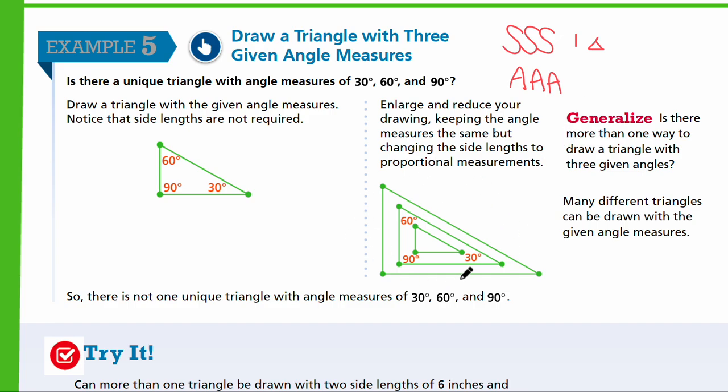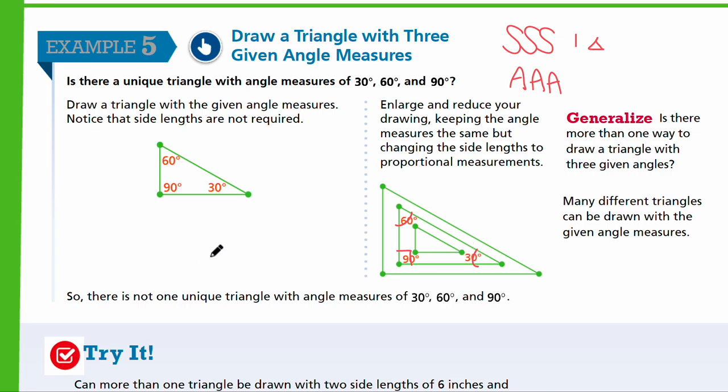As you can see here, the angles can be the same, but the side lengths don't have to be a fixed length, so the sizes are going to be different. They're going to be the same shape, but not the same size, so you can't say they're the same triangle.